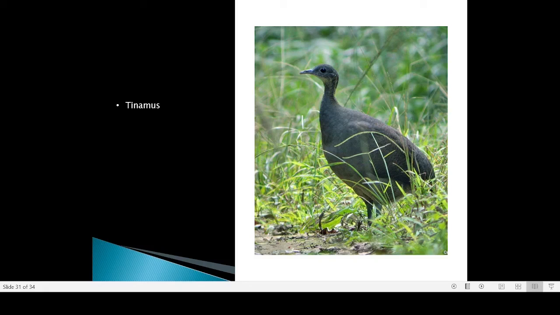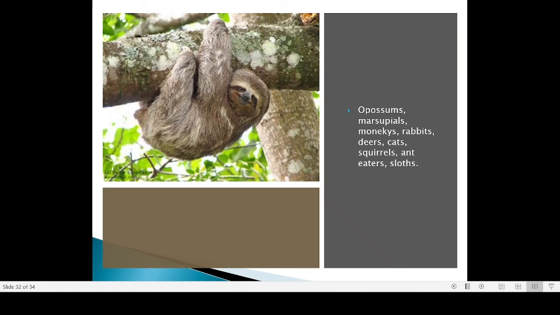Vulnerable means not so much threatened, but still they may face extinction if it is not protected. So that is the features of the tinamous. They are threatened by deforestation and loss of habitat, and in South America such problems are quite common, and that is one important problem of South America.